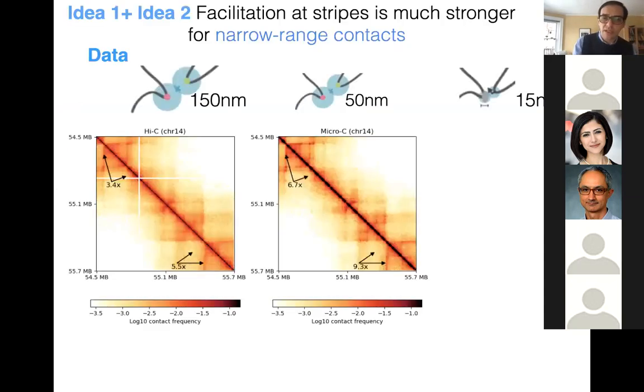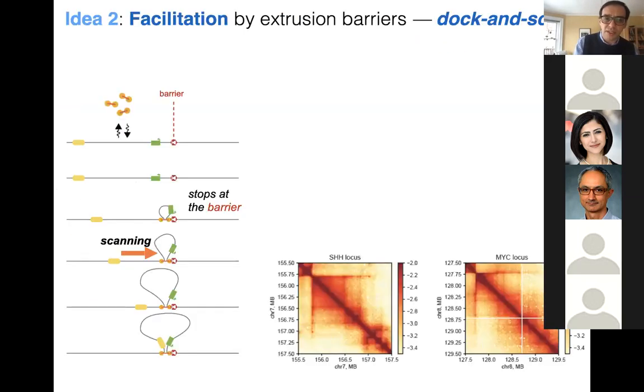So in this diagram, we actually never assume that there is specific cohesin loading. Everywhere we just assume that cohesin is uniformly likely to load anywhere and unload everywhere. So you don't need cohesin loading sites at specific places to explain what's going on.